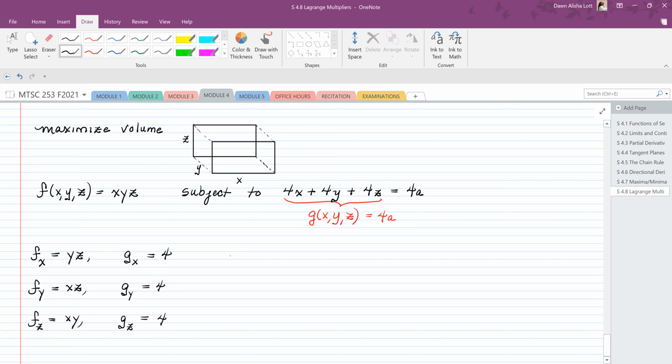So I get YZ is 4 lambda. I get XZ is 4 lambda, and I get XY is 4 lambda. So now I'm gonna do the same trick I just did in the other one.